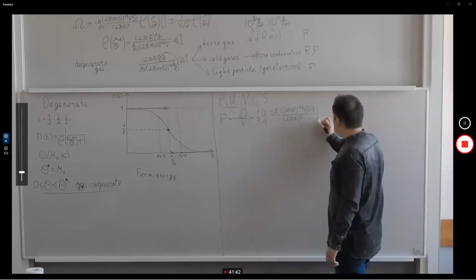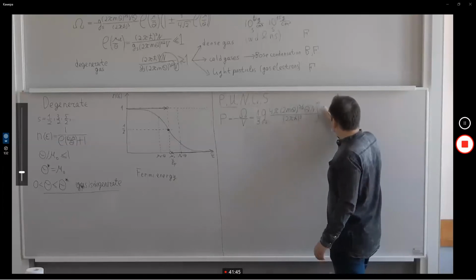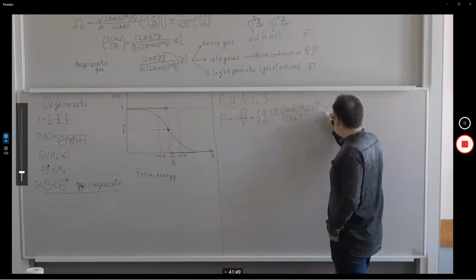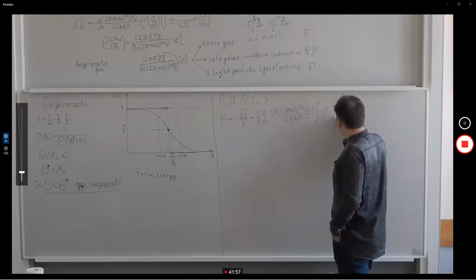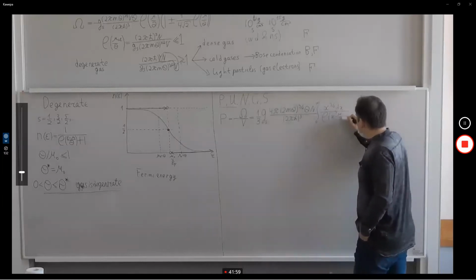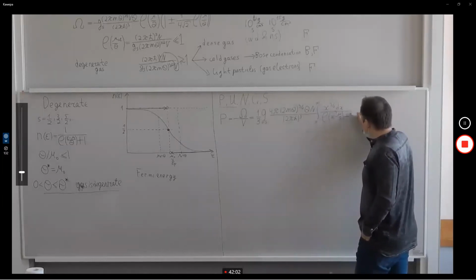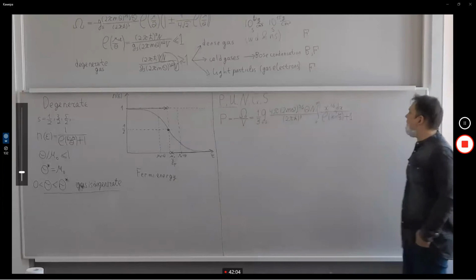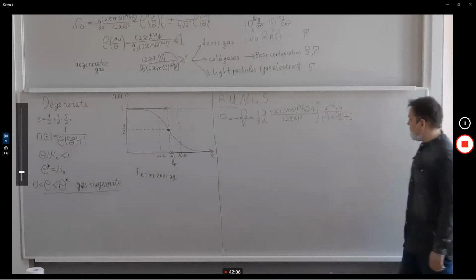Okay, and here is the integral from 0 to infinity of x to the power 3/2 dx, over e to the power of x minus mu over theta. And here I put plus because I consider only fermions.